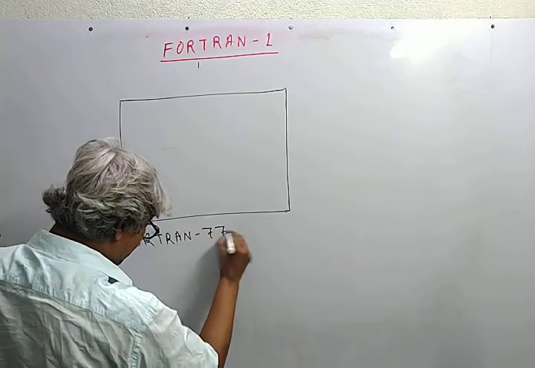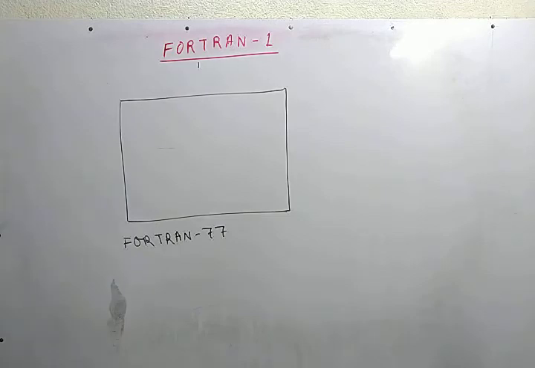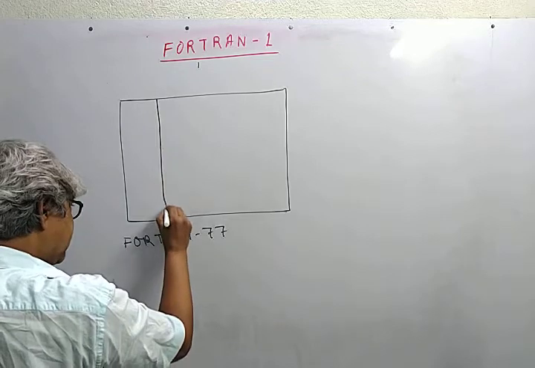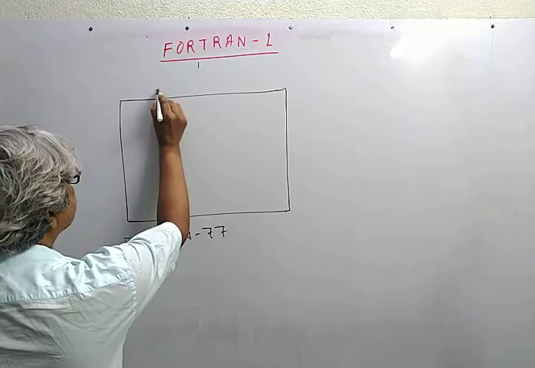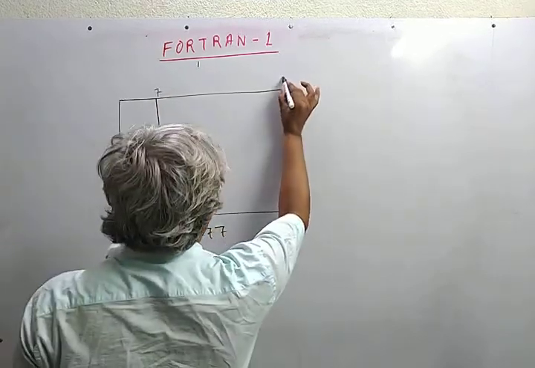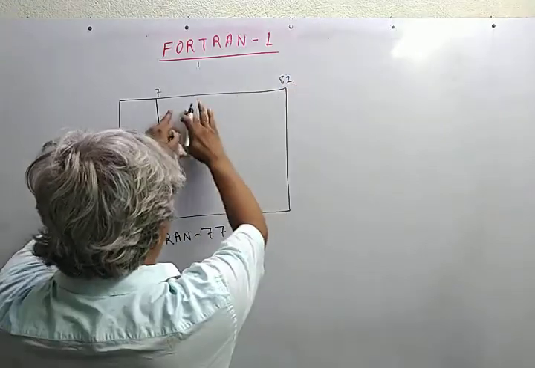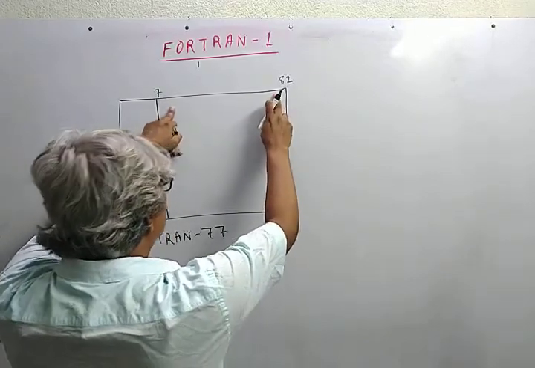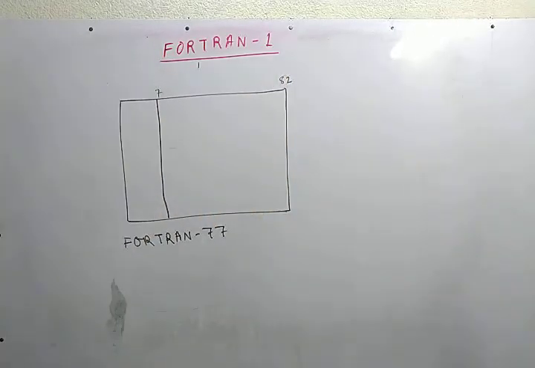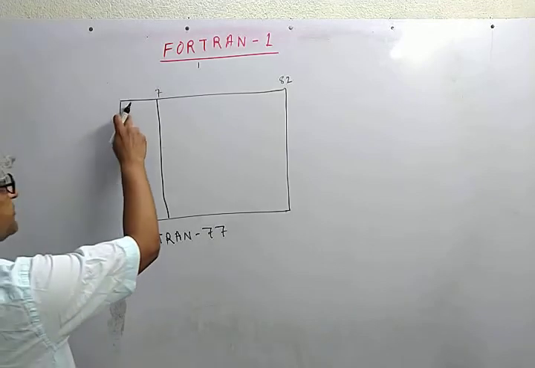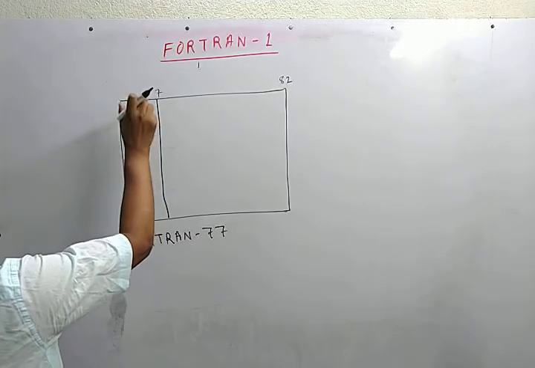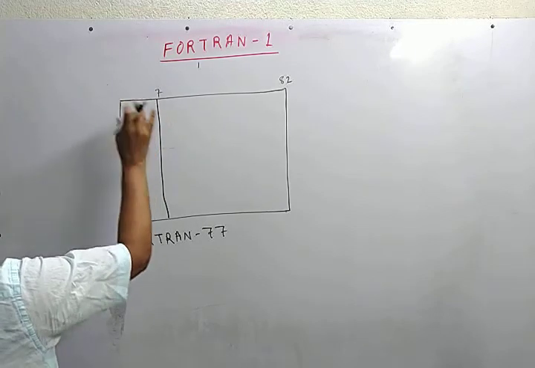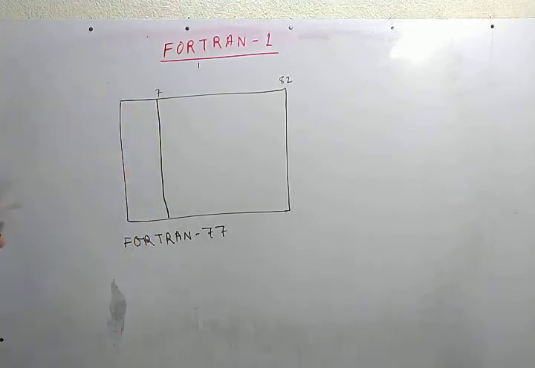So in Fortran 77, one writes the program from the 7th column onwards, and it continues up to the 72nd column. The Fortran command has to be written between the 7th and 72nd columns, and the first 6 columns are reserved for specific uses that I will go on telling you with time.